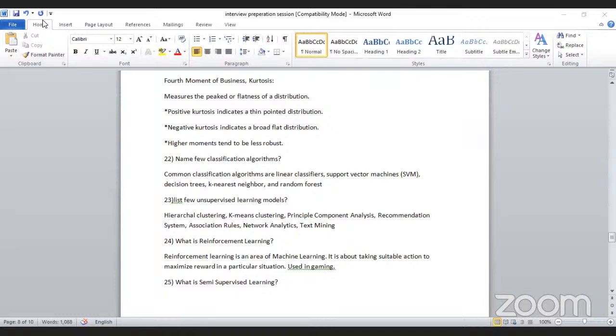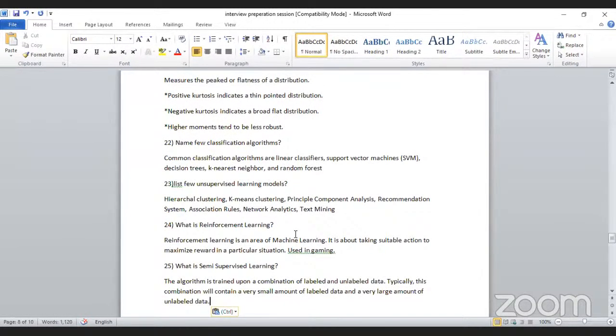It is an algorithm which is trained upon a combination of labeled and unlabeled data.